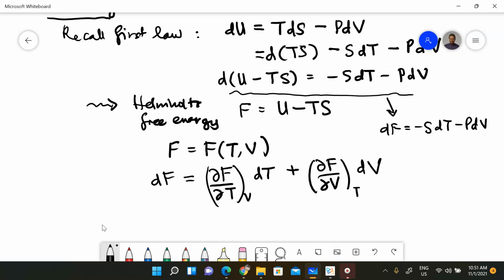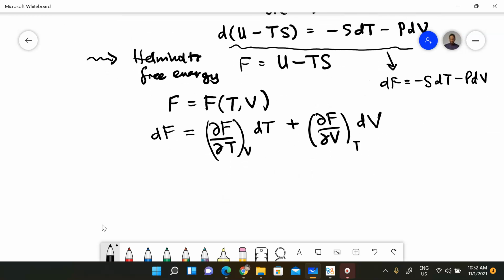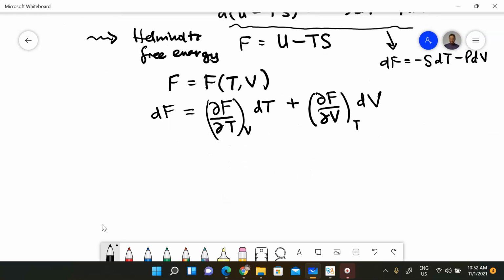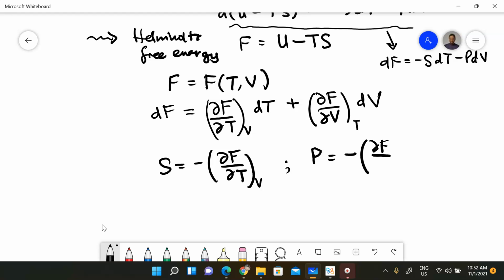So you can now see that I can identify this minus S with partial F partial T and minus P with partial F partial V. So here we have the following: S equals minus partial F partial T at constant V, and then P equals minus partial F partial V at constant T.